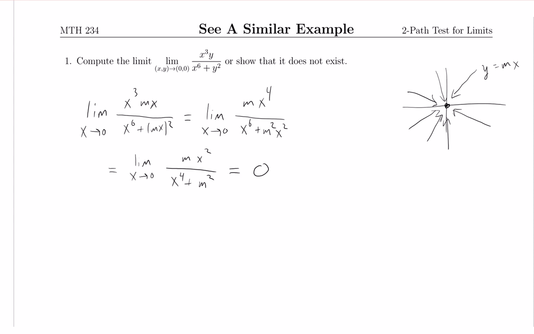We have tried only the straight line paths. In order for the limit to exist, it must be the same along all possible paths, even those that are not straight lines. So it's possible that we could take some wiggly path of approach towards the origin, and it's foreseeable that maybe we would get a different answer somehow than if we went along a straight line.